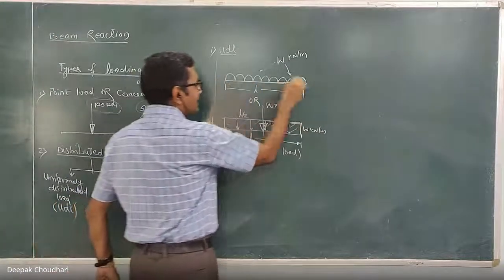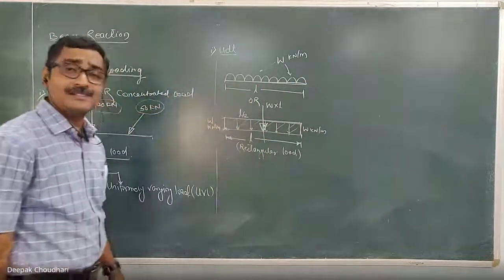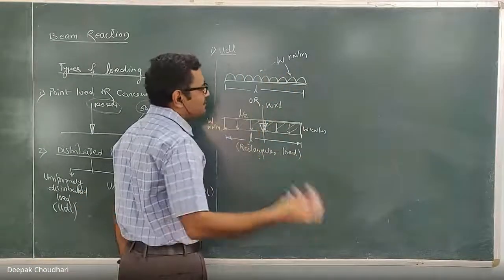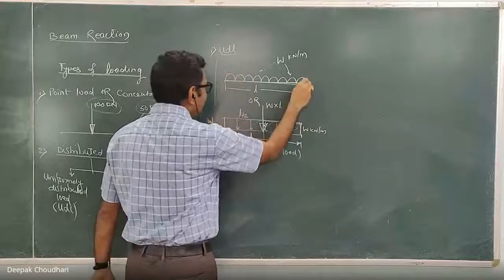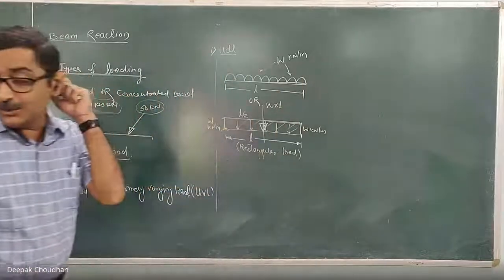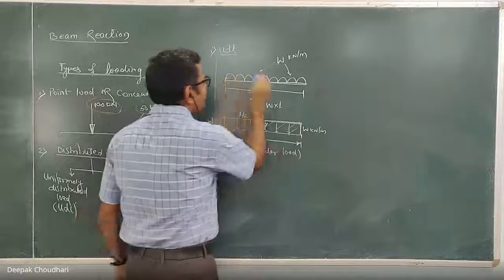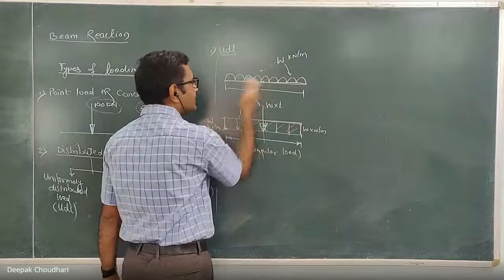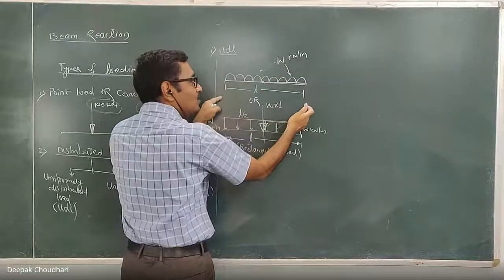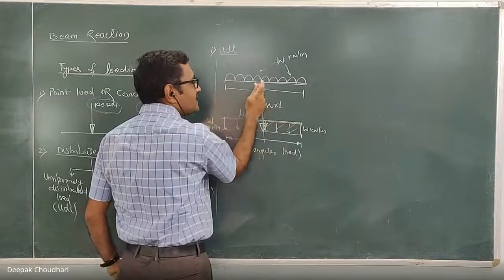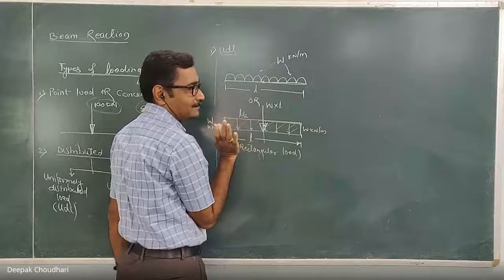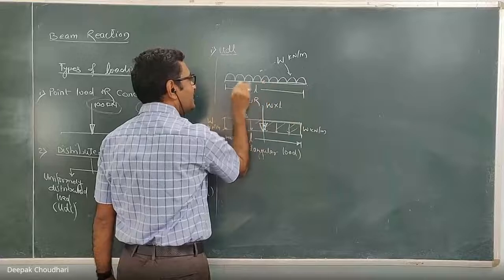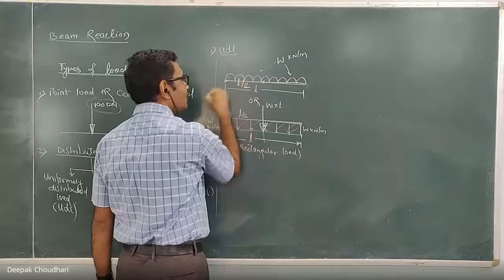Now when it is represented by such a semicircular pattern, how to convert it into an equivalent point load? Same concept, but I will put it another way. Then this UDL is represented by such a semicircular pattern. Remember, the equivalent point load acts at the midpoint of the length over which it is spread. जितने लेंथ पे spread हुआ है, equivalent point load उसके center पे act होता है, बीच में. If this is the length L, the equivalent point load will act at a distance of L by 2 from this end.